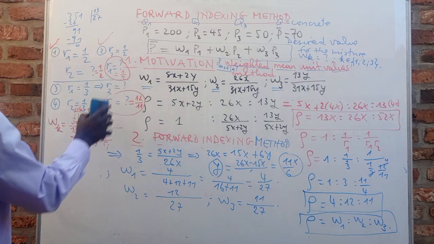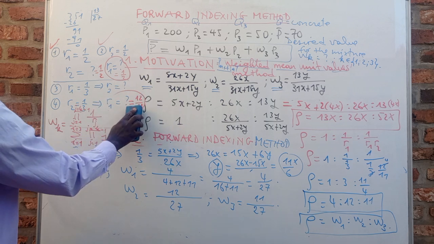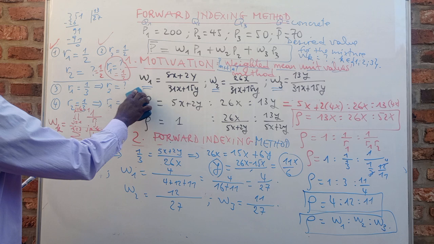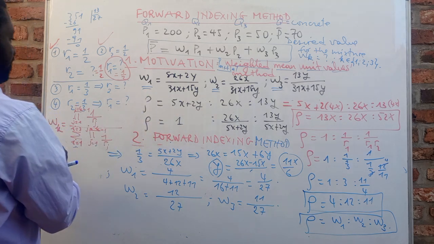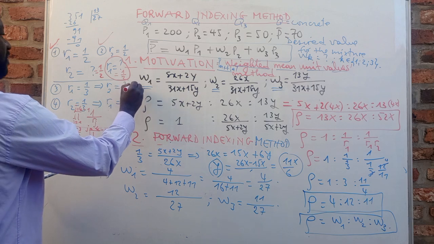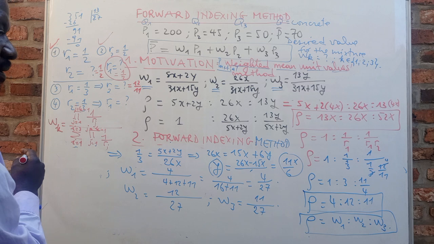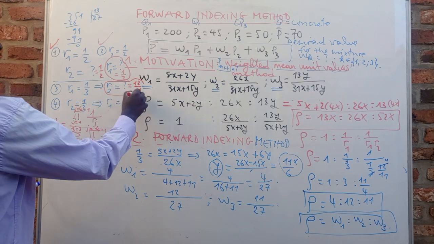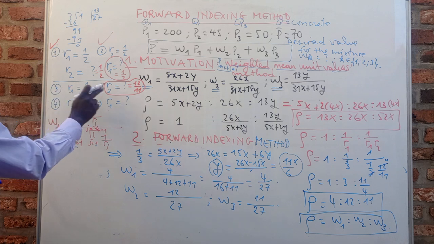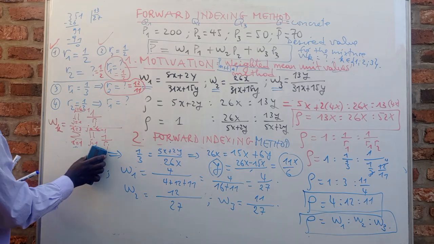This ratio, 12 over 11, should be not for R sub 1, but for R sub 2. Yeah, it must be here. R sub 1, R sub 2 equal 12 over 11. That is the end of the third question.